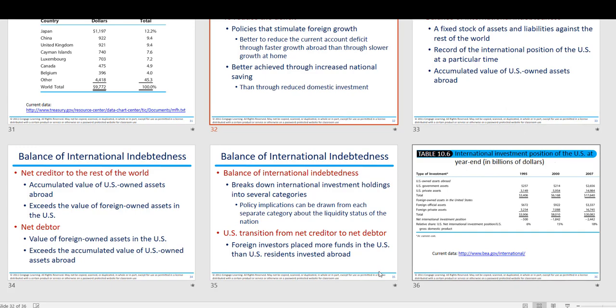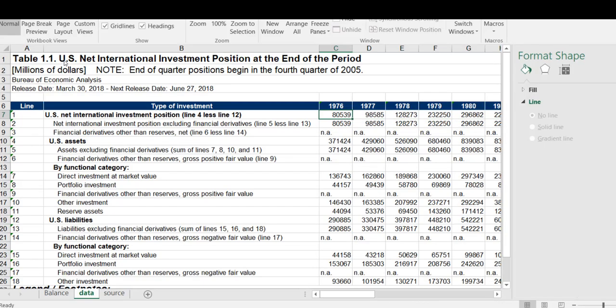I'm gonna explain the data shown on slide 36 using the most recent statistics disclosed by the Bureau of Economic Analysis. Table 1.1 is called the US net international investment position at the end of the period, and I downloaded annual data.